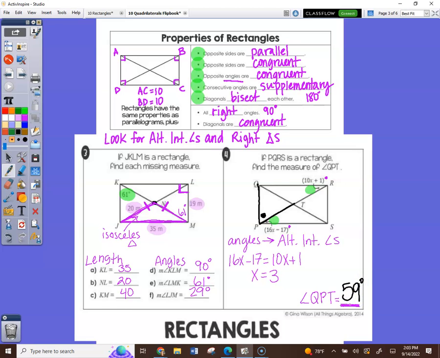Can you tell me what you did first, just as a group? Plug X in which one? It really doesn't matter, but ideally plug it into this one. What'd you get? 31. And then what's the corner? 90 minus 31 is 59.